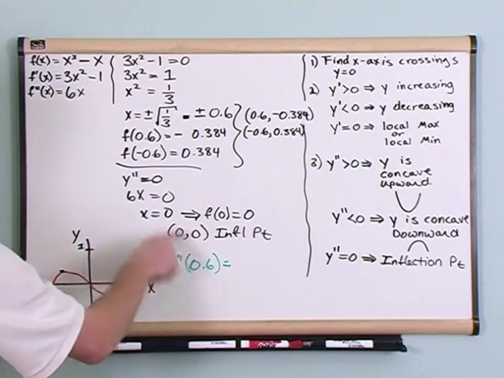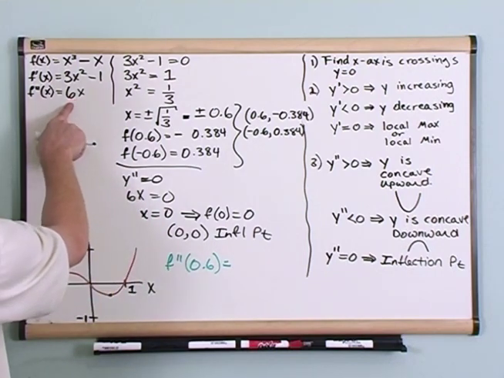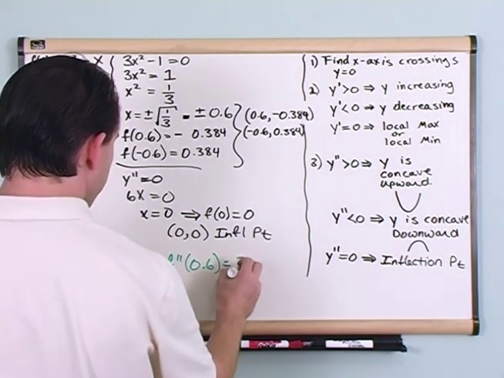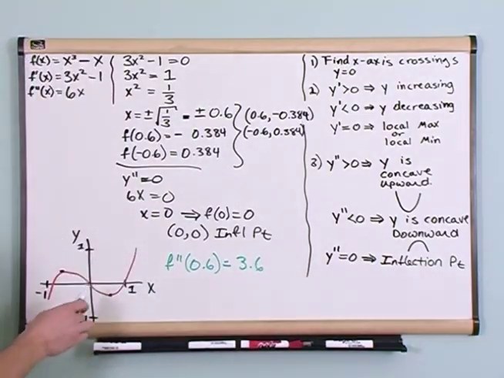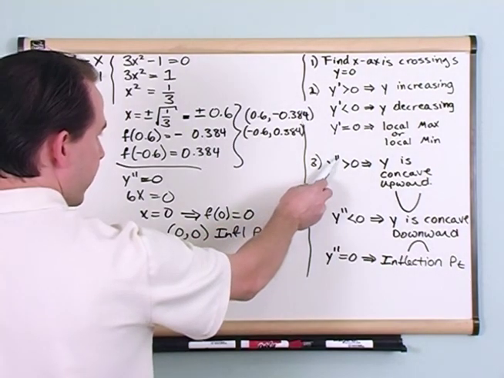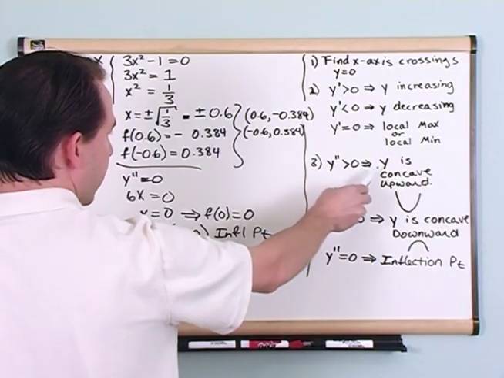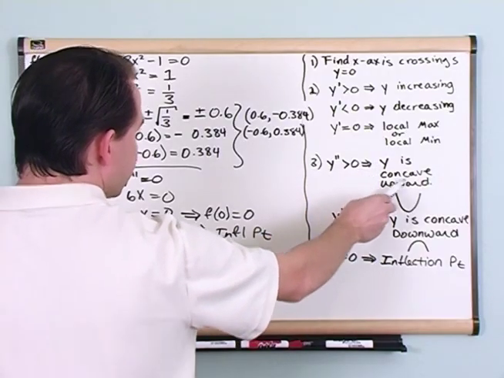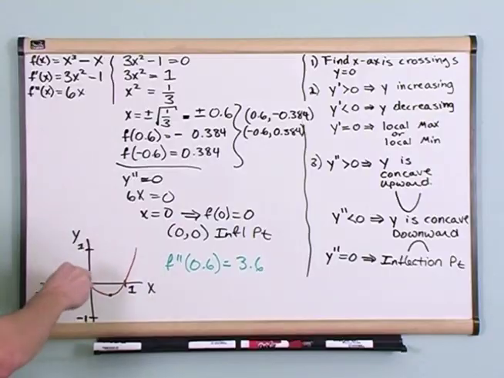This is equal to 0.6 times 6, right, because that's what I'm plugging in here, which is positive 3.6. So what we have shown is that at this point, where this minima here occurs, the second derivative is a positive number. Since the second derivative is greater than 0, that tells us that y, the original function, is concave upward. And that proves that we have our graph exactly right, it's concave upward.